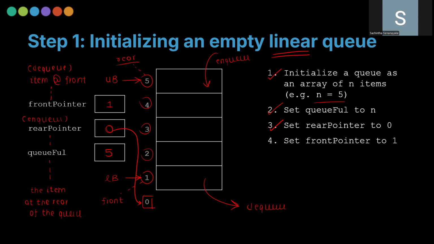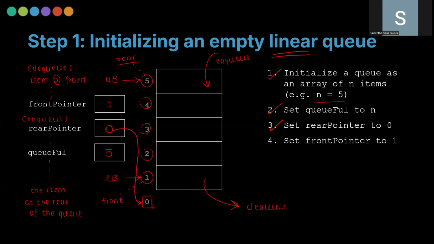So front pointer is always 1 ahead of the rear pointer, whereas enqueue points to the next position where the item should go, right? Rear pointer points to the location where the next item should be going. Or in other words, you can imagine that it's where the current last item that was added to the queue was placed, right? So in this case, we are setting rear pointer to 0 because there isn't anything in the queue.